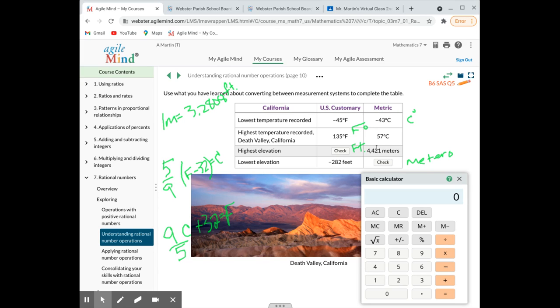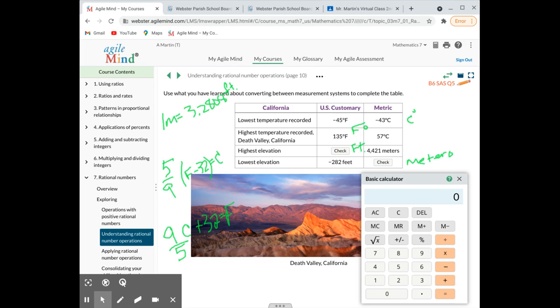We're taking meters to feet. So what would I do with my meters to figure out my feet? What do you think, Isaiah? You and Jamal told us earlier what to do. Multiply. Yeah.